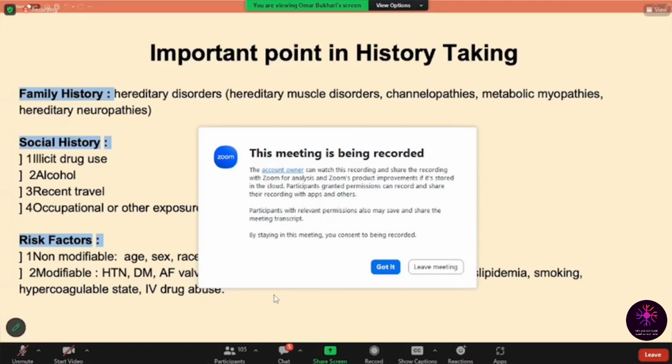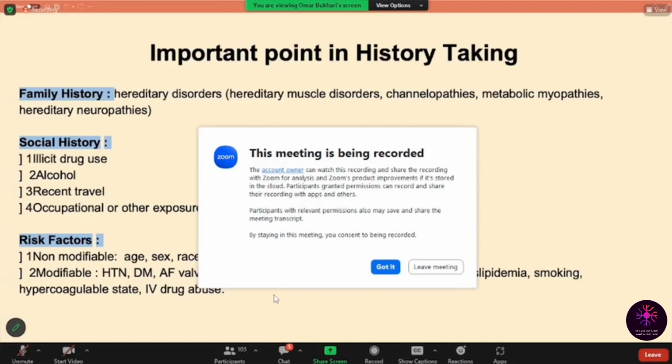Social history: asking about illicit drug use, especially in young patients who take amphetamine or cocaine or any vasopressor or stimulant. Alcoholism also, for example, patients with cerebellar degeneration can be caused by alcoholism. Recent travel will suggest infectious process, occupation, or exposure to toxins.